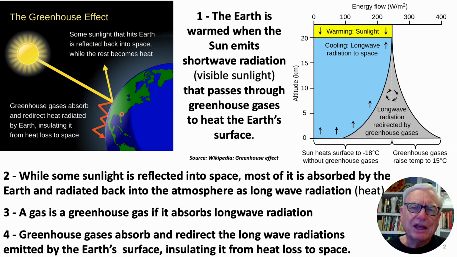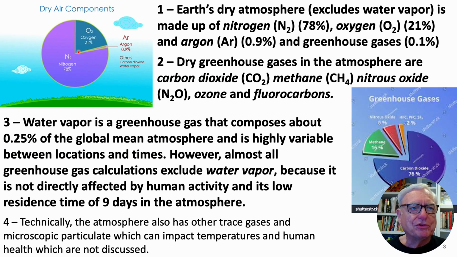But most of it gets absorbed into the Earth's surface and then gets radiated back as heat, which is a longer wave radiation, and that in turn gets reflected back to Earth, causing Earth's temperatures to increase.